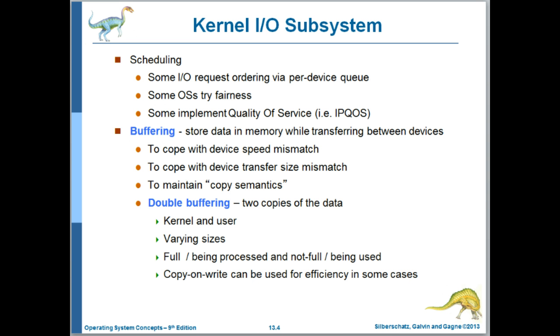So when multiple I/O requests exist for a device, then we can schedule the I/Os, just as we do with CPU scheduling, for example. So as mentioned here, fairness is one criterion, and for example, consider Linux's completely fair I/O scheduling.